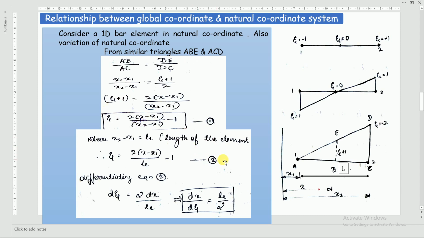Yes, sir. Okay. Take it down and then we'll move on to the shape function and derivation for 1D case. Tell me once you finish.